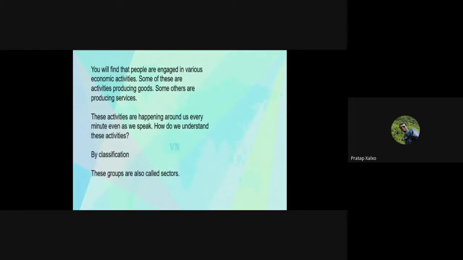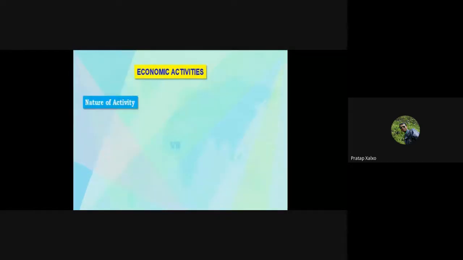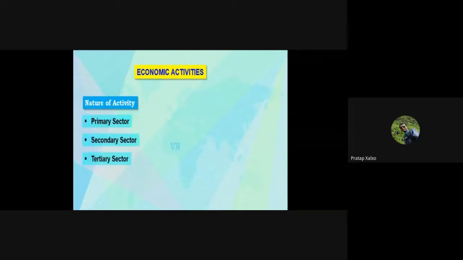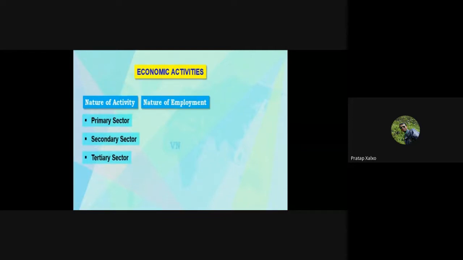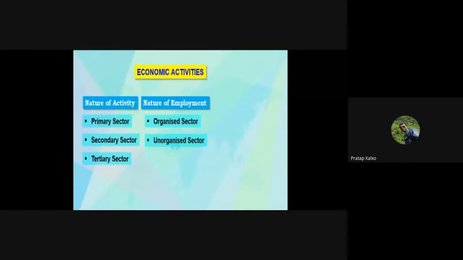We can classify these activities on the basis of nature of activities, and on the basis of nature of activities it can be primary sector, secondary sector, and tertiary sector. Then based on the nature of employment it can be organized sector and unorganized sector.